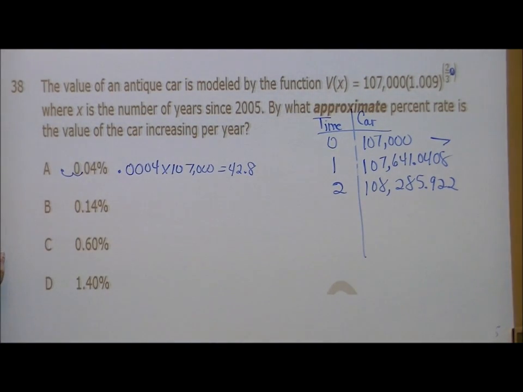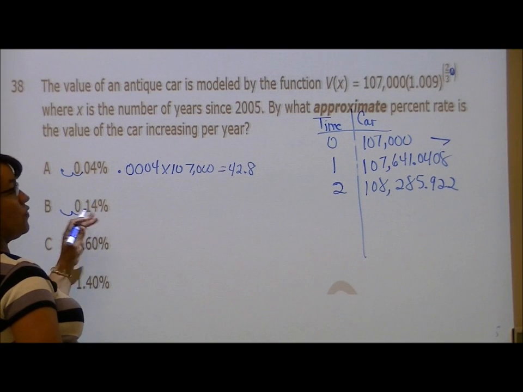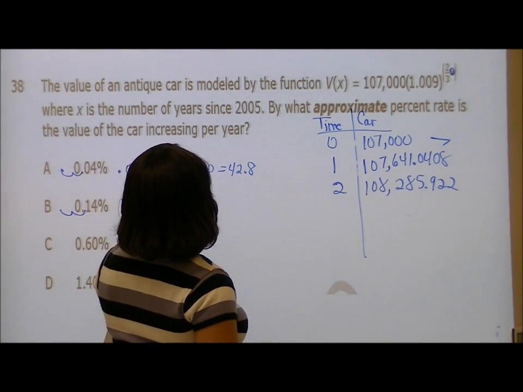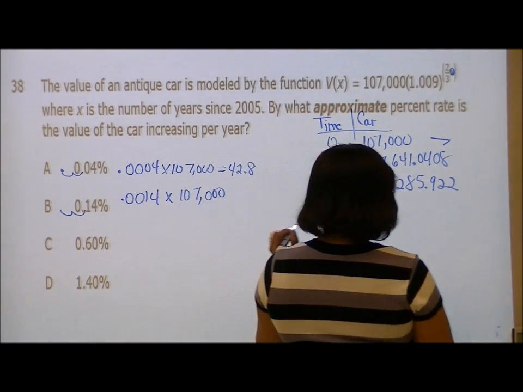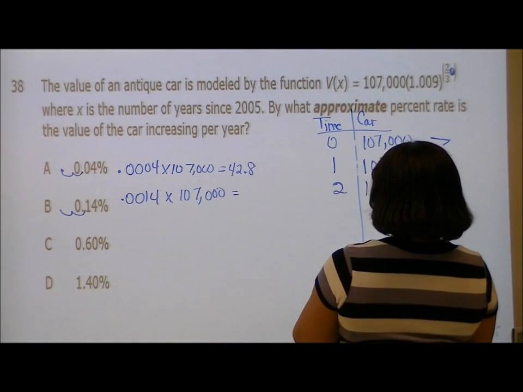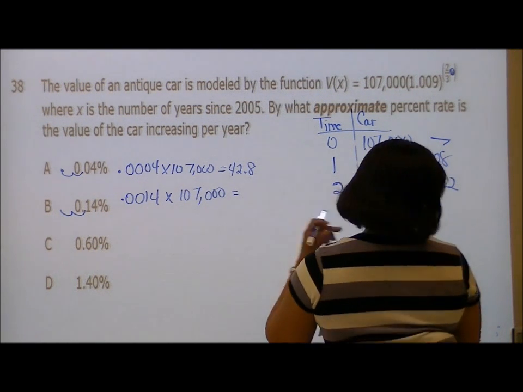So now you're going to do the same thing with this. You're going to change this to a decimal. So you divide by 100, which moves you 2 places left. 0.0014 times 107,000 is, let me see what I got there, 199.8. Let me double check that.